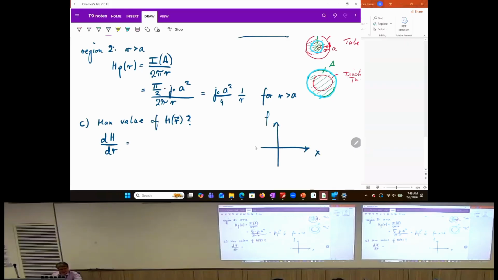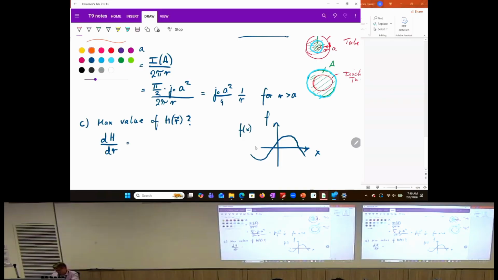Let's say you have here some arbitrary function, and you want to see where the maximums are. So you take the first derivative, and that would be something like that.